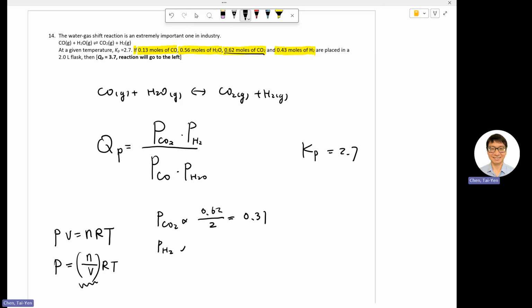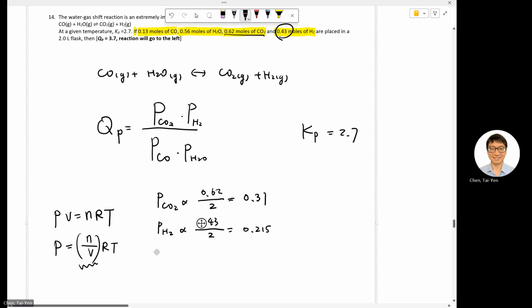PH2 is proportional to 0.43 divided by 2, that's 0.215. And then you also have a PCO, which is 0.13 divided by 2, that's 0.065.